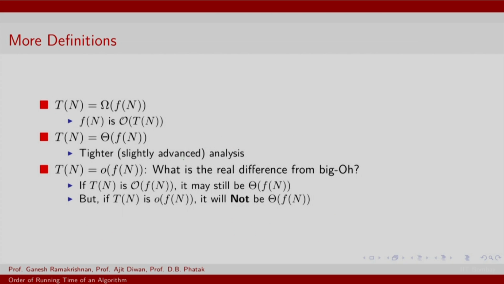Now what is really the difference between small o and big O? Well, if Tn is big O of Fn, it may still be theta Fn if Tn also happens to be omega Fn.